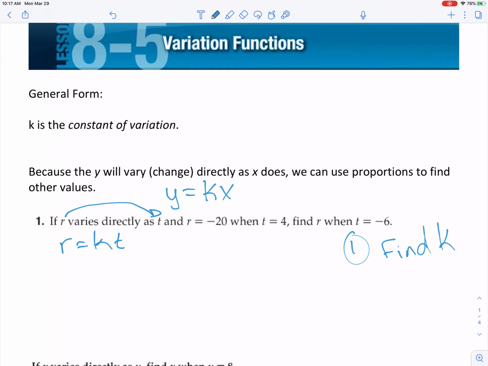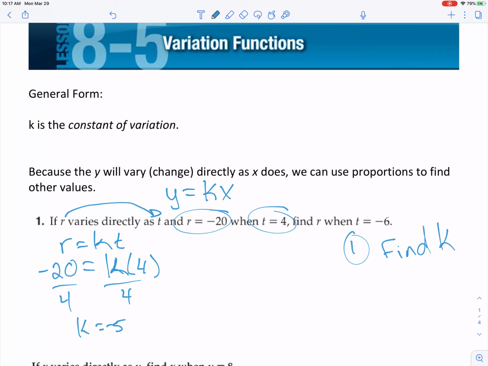So we're going to take this negative 20 and plug it in for r, and then take this 4 and plug it in for t. This is a pretty straightforward equation to solve. I'm just going to divide by 4, and I find out that k equals negative 5.